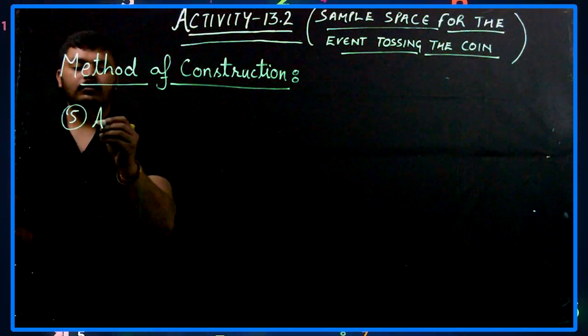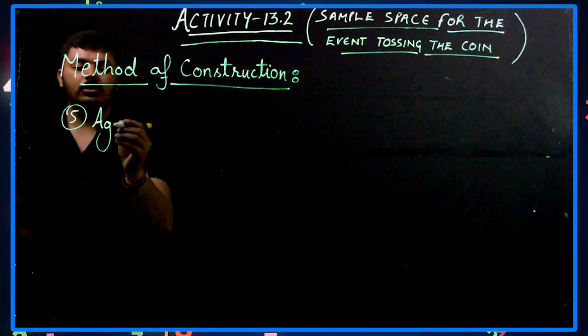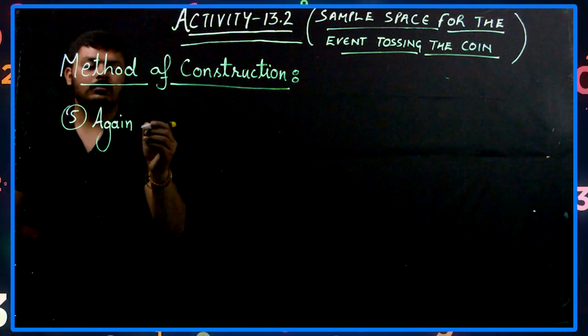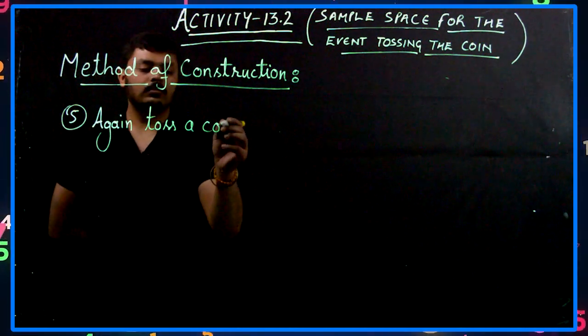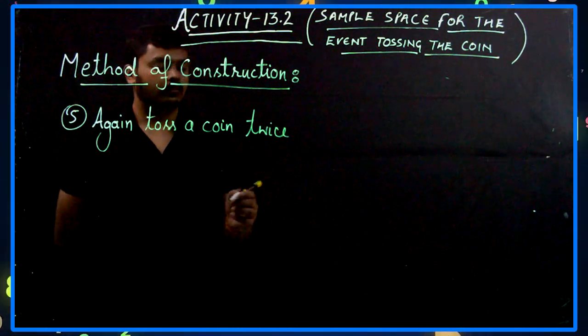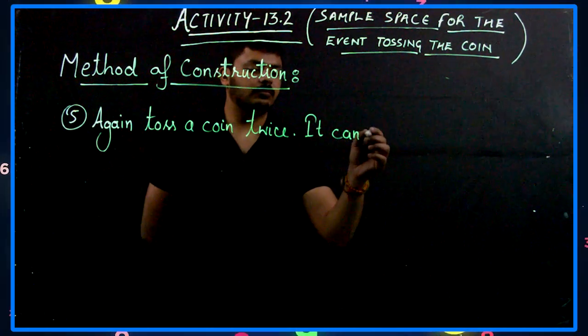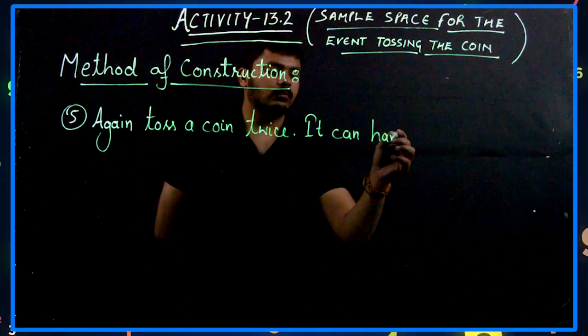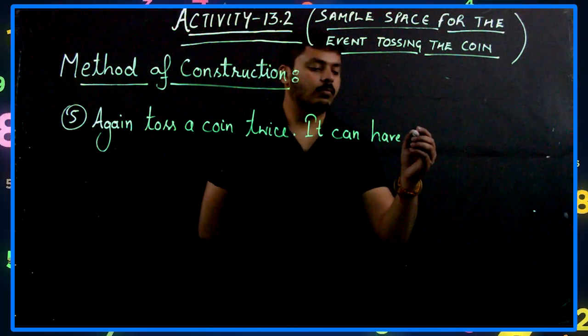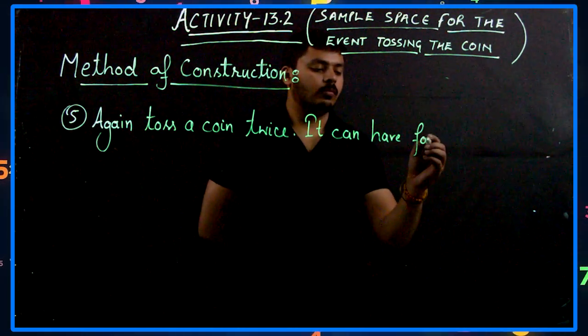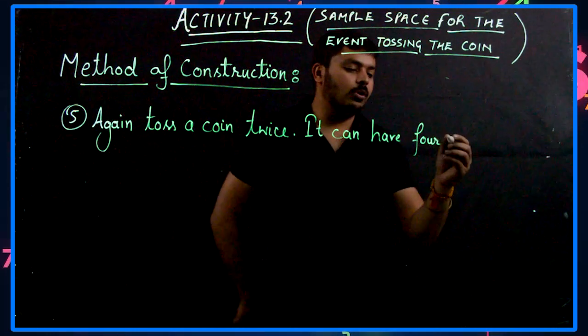Again, in step 5, toss a coin twice. It can have four outcomes.